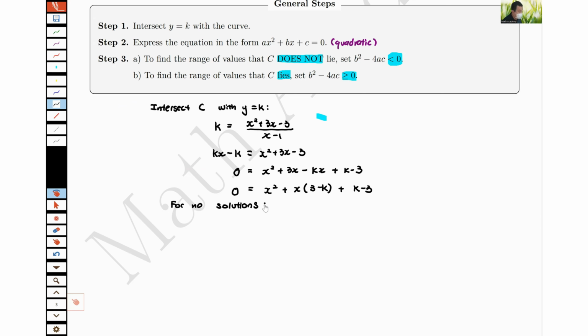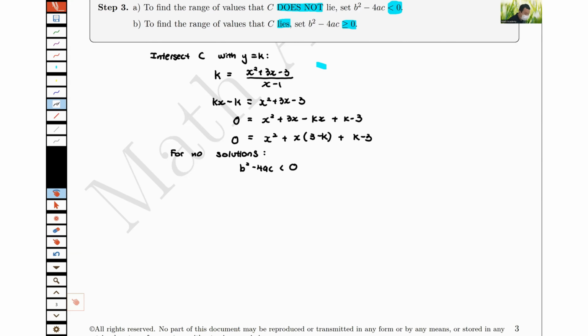We don't want any intersection because they say cannot lie. You can set your b squared minus 4ac to be negative. Let's substitute the values. A, B, C refer to the coefficients. So b squared means 3 minus k, squared, minus 4ac lesser than 0.